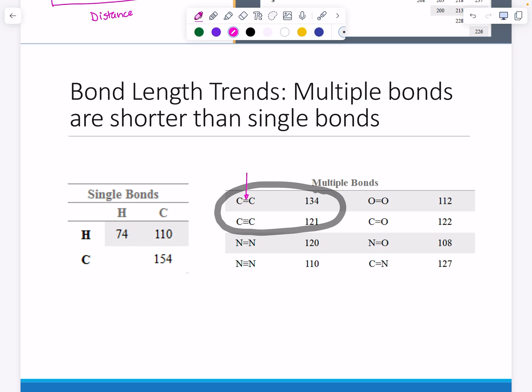There's a lot of sophistication that we could get into in the math, but if you can understand Coulomb's law, that the greater the charge you have, the more the force of attraction or repulsion, you can understand what these trends are. If I have more electrons in between here, there's going to be greater negative charge to attract both of those positively charged nuclei, and they're going to be drawn closer together.